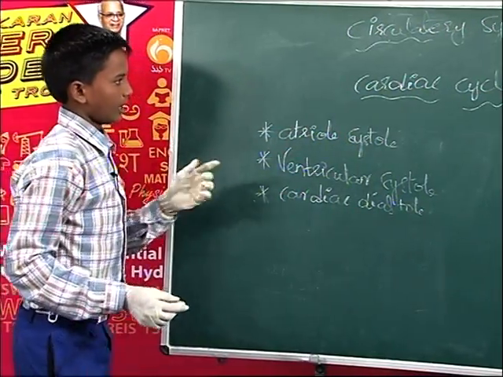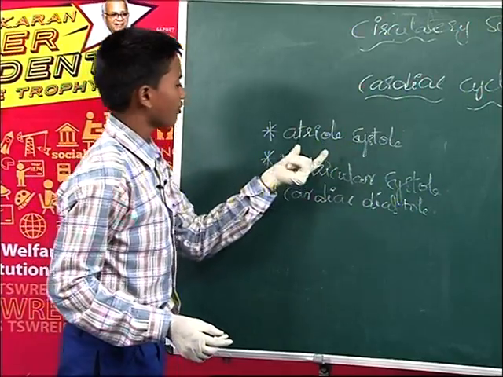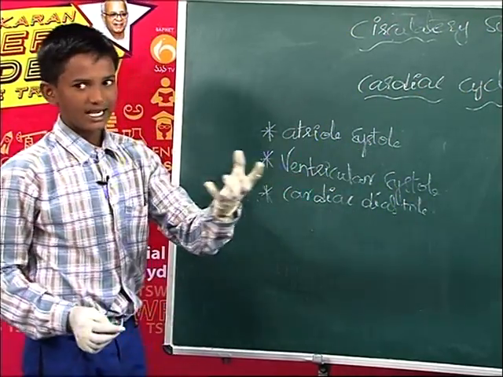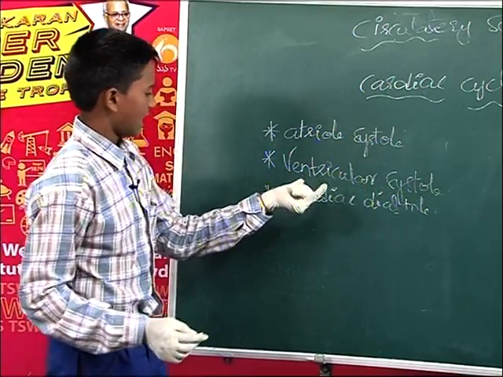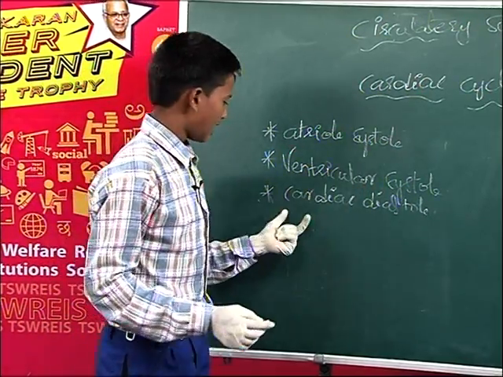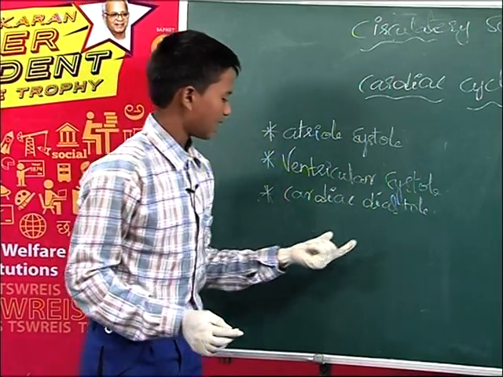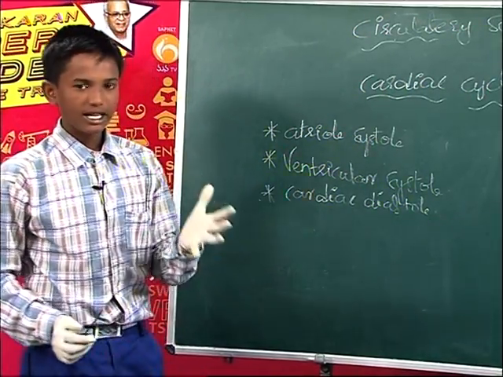This cardiac cycle consists of atrial systole, that means the contraction of both the atria, and ventricular systole means the contraction of both the ventricles, and cardiac diastole means both the ventricles are in the relaxed state.